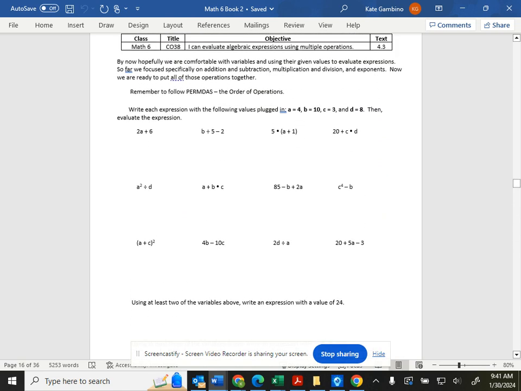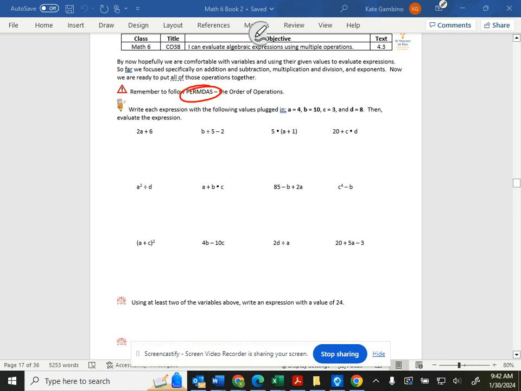All right, CO 38. Now we started evaluating our expressions using multiple operations. So we need to know what PEMDAS means, and we need to know how to follow it. Parentheses, exponent, radicals, multiply, divide, add, subtract.